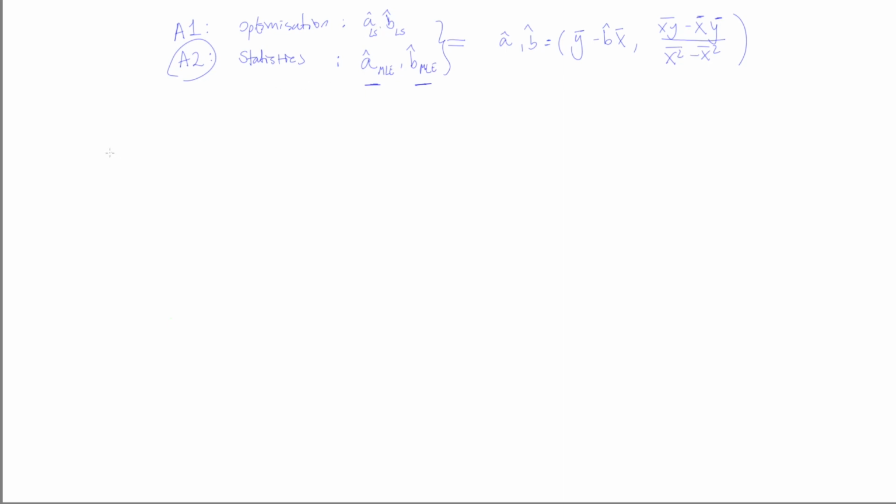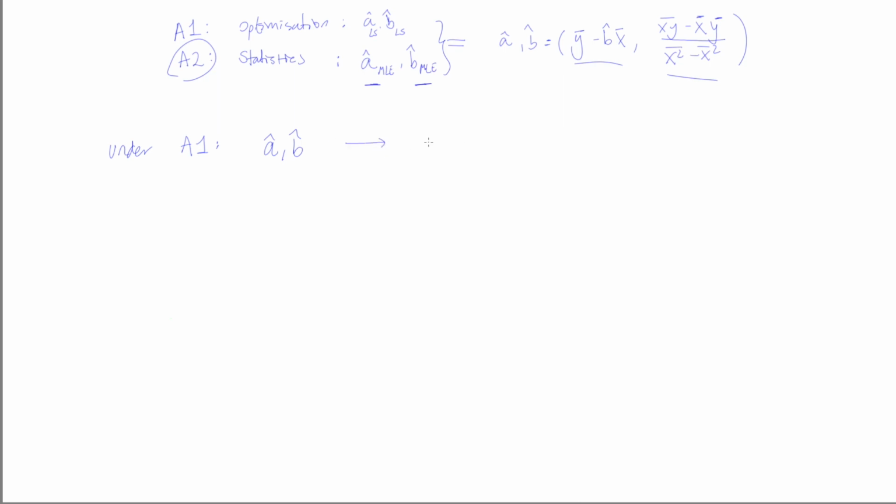So under A1, the estimators A hat, B hat, you get these values, and then you don't really know much about X and Y because you haven't made any assumptions. So these are just numbers. They seem to work, they solve the optimization, but you don't really go further than that.